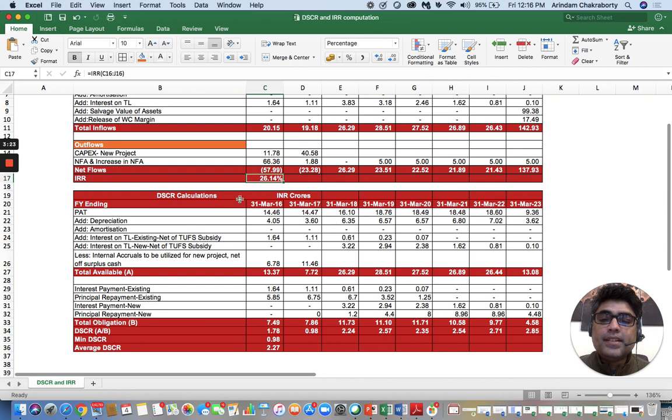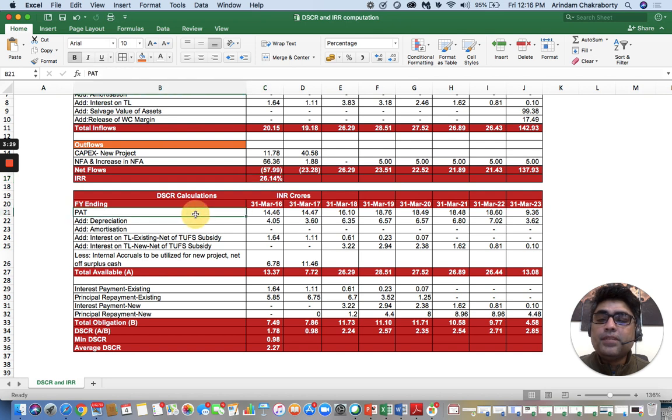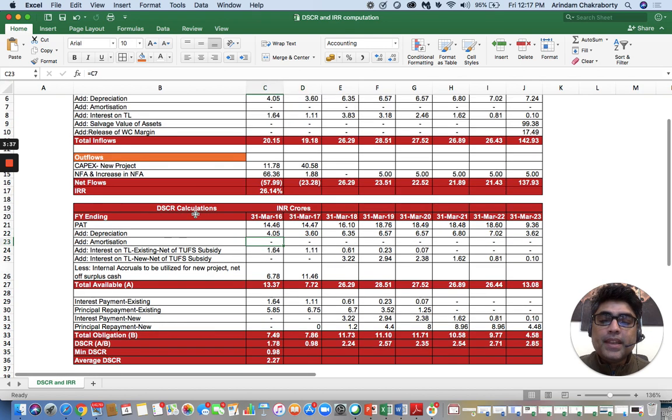The second is the DSCR computation. Here the numerator section comprises the PAT section, as we saw earlier for the IRR computation. The depreciation and amortization are almost similar to the IRR computation. Then comes the interest on term loan for the existing term loan, if the company has one, which is then adjusted to net of TUF subsidy.